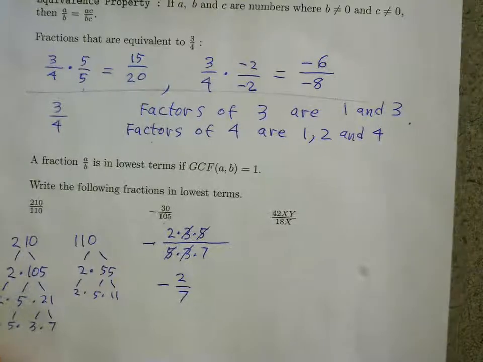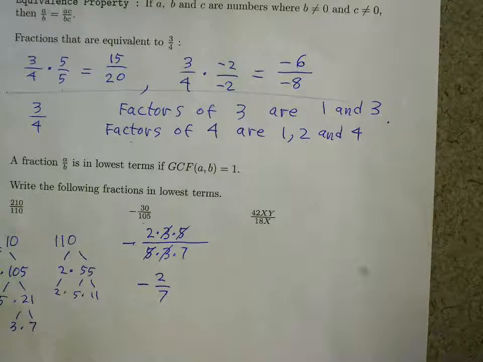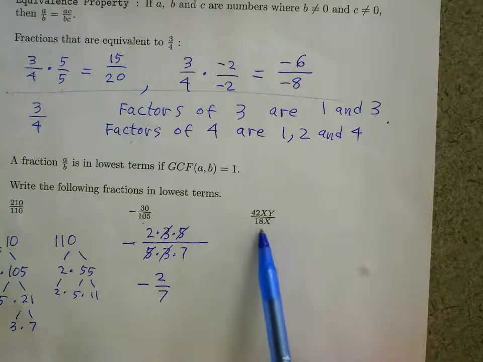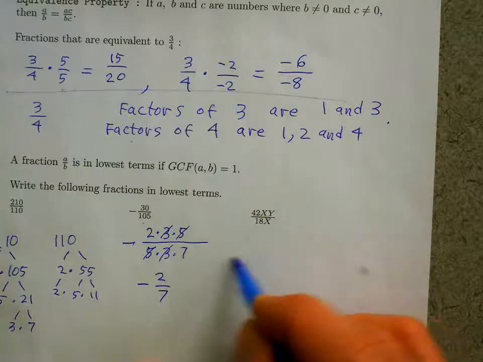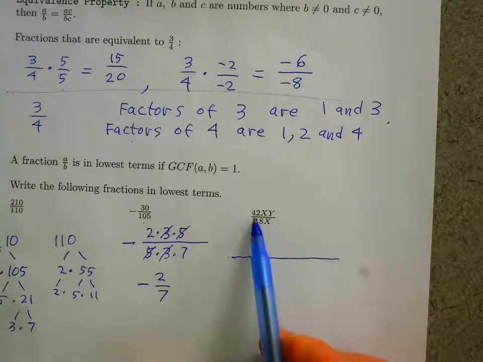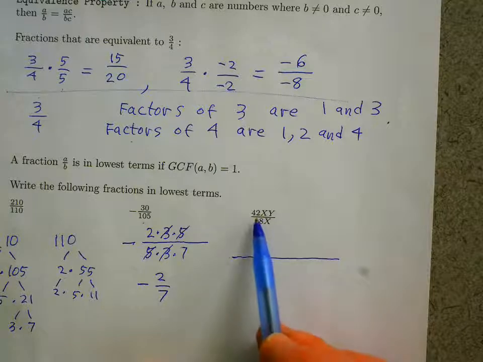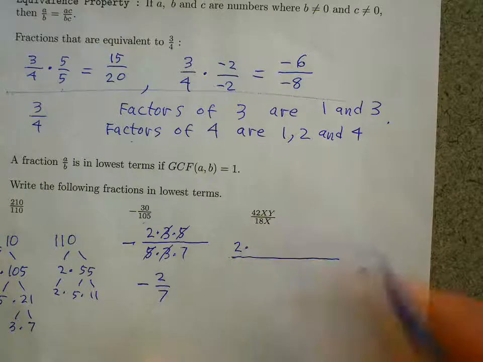Okay, one more. This one has variables, 42 times x times y divided by 18x. So in the numerator, let's write down the prime factorization of 42. 2 goes into 42 21 times, so I write down the factor 2.